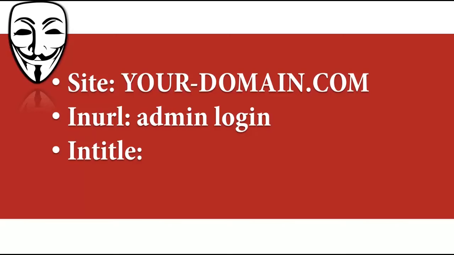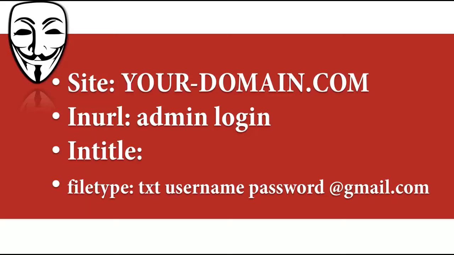So it's filetype colon, and then the file type that you want to display, username, password at gmail.com, at yahoo.com, at hotmail.com, at facebook.com, and so on. So first we need to display the operator itself, which is filetype, and then colon, and then txt, and that means it's a text file.